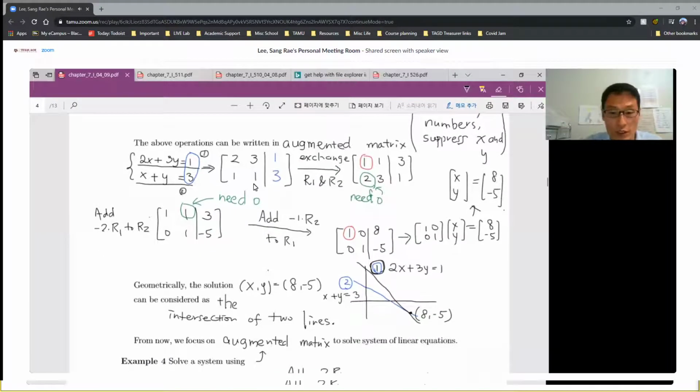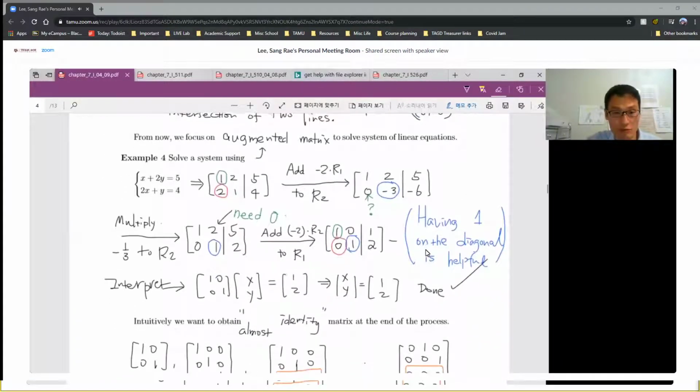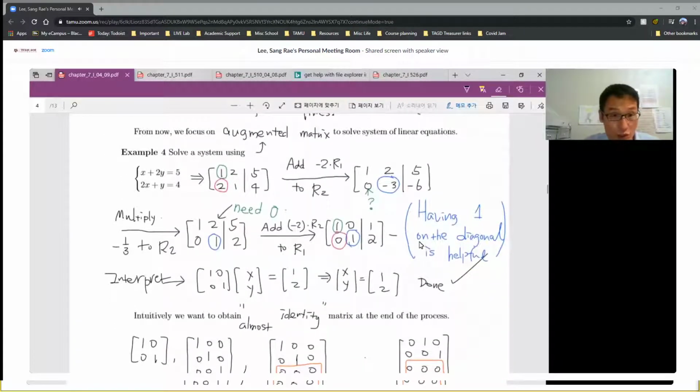So eventually, what we want to have is the identity matrix 1, 0, 0, 1. So we apply operations to have 1, 0, 0, 1. Once we have the identity matrix, we are ready to write down the solution like this. So one more example. In example 4, we have matrix 1, 2, 2, 1.